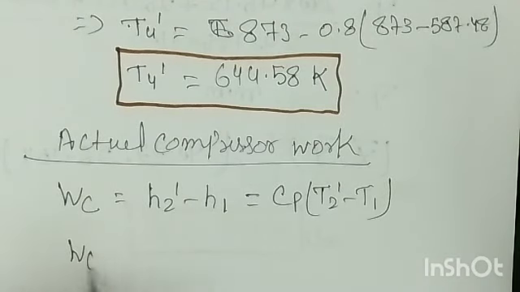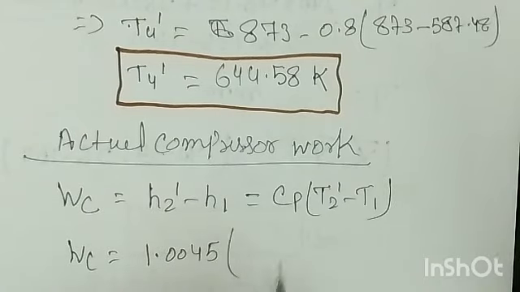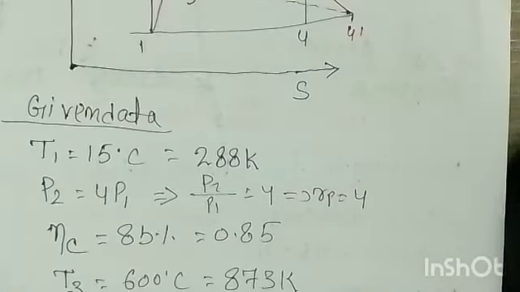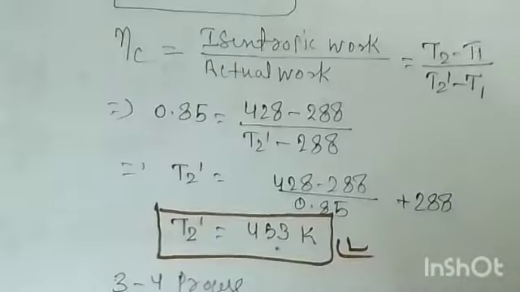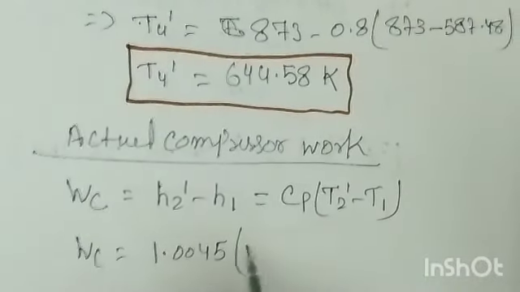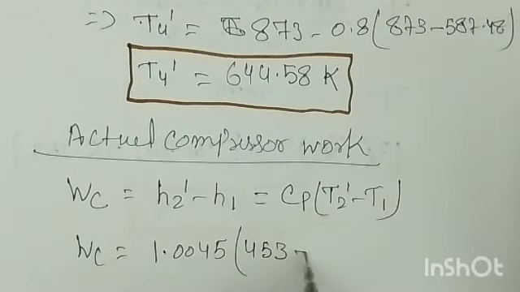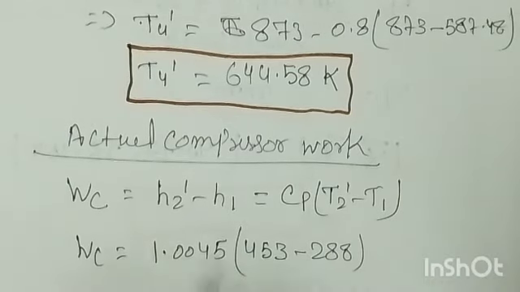Cp is 1.0045, which we calculated at the beginning of the class, and T2 dash is 453, minus 288, given in the question.